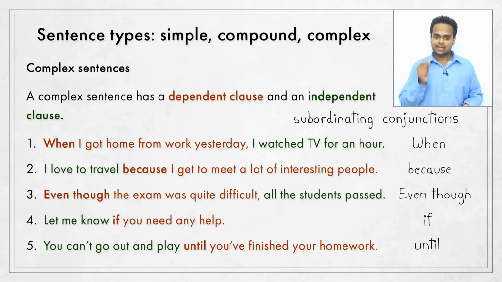And this is because in 1 and 3, the dependent clause comes first. If the dependent clause comes first, we put a comma after it, and then we write the independent clause. But in 2, 4, and 5, an independent clause comes first. If that's the case, we don't put a comma after it.